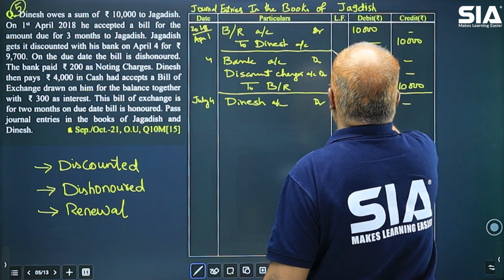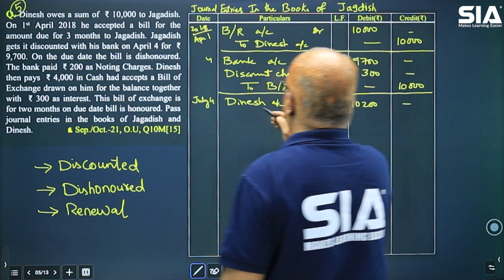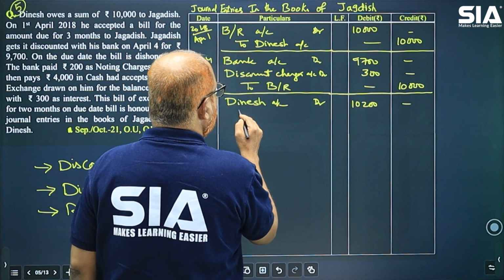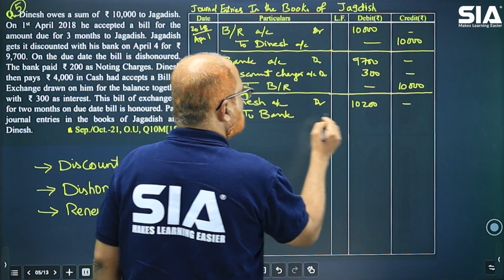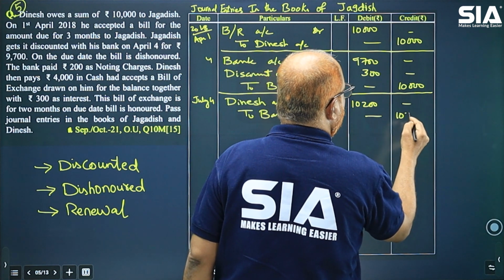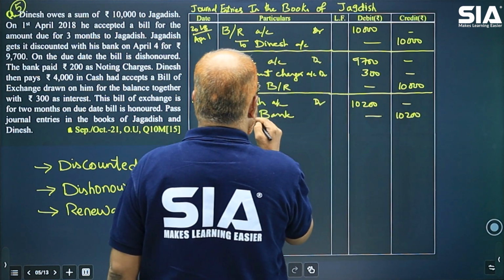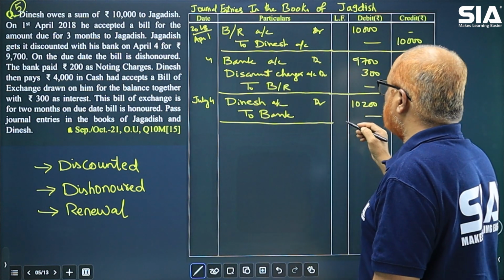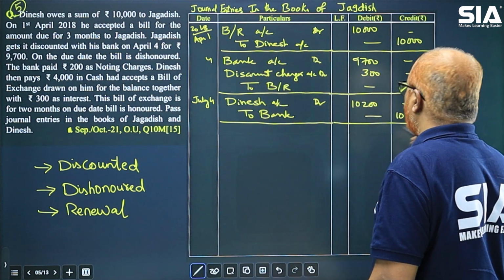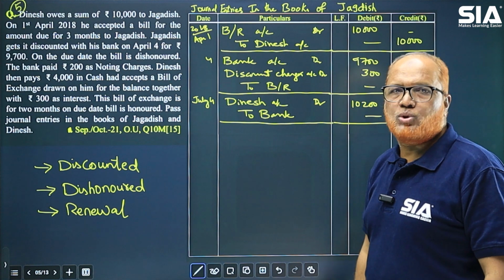So here I am showing you Dinesh account debtor to bank 10,200. In this 10,200, 200 are the noting charges. So this is the entry on dishonor of the bill on 4th July.